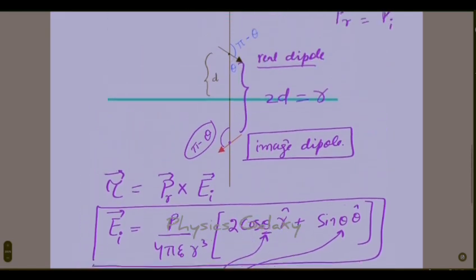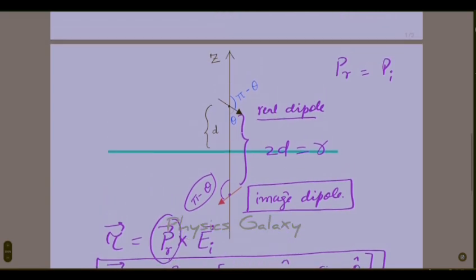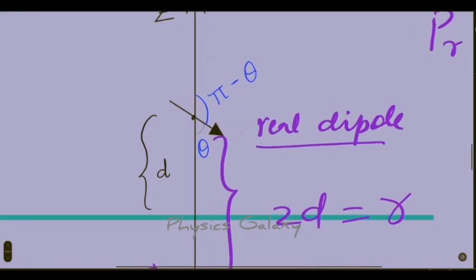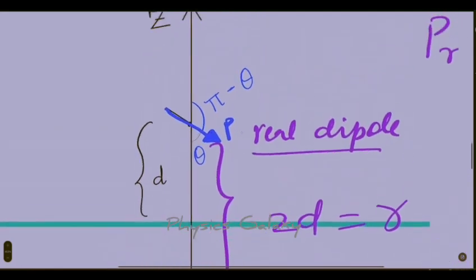Now what is P of the real dipole? This is our P, the dipole moment of the real dipole. Because we're finding everything in terms of the image dipole, it will have an r component, P cos theta, but with a minus sign because it's in the downward direction, minus P cos theta, and a theta component, P sin theta.